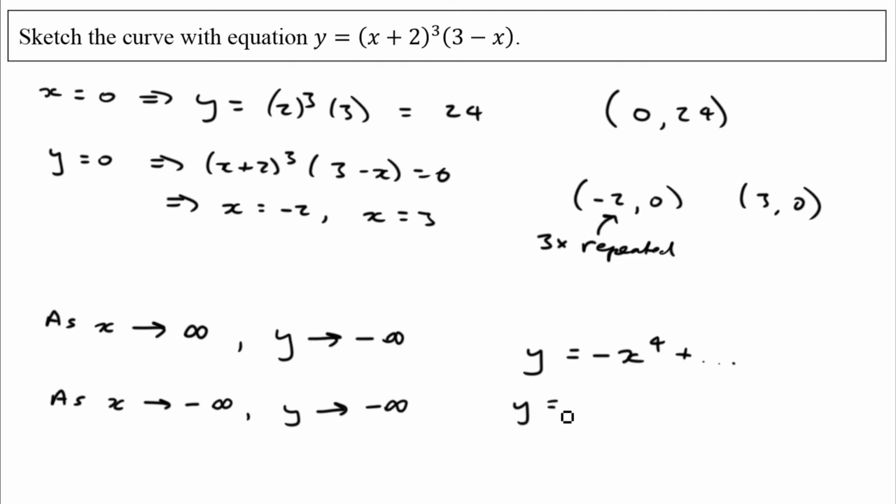If we have y is a x to the 4 plus all the other pieces, then if a is greater than 0, we will have a curve which starts off and finishes up above the x-axis. If we have an a which is less than 0, we'll have a situation where the curve begins and ends below the x-axis.